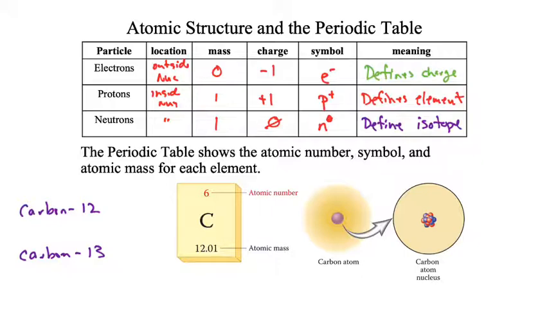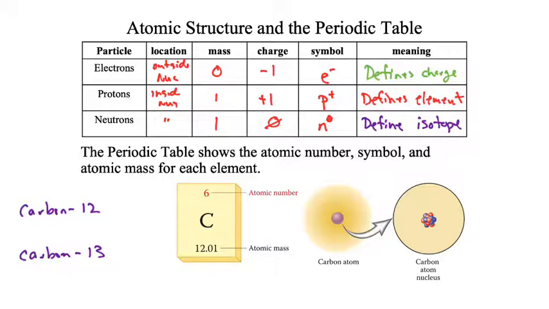Okay, that's fine. 19 is 3 plus 6 protons. How many protons do we have if we're carbon? 6. How many neutrons do we have if we're carbon-13? 7. That 13 is the mass.